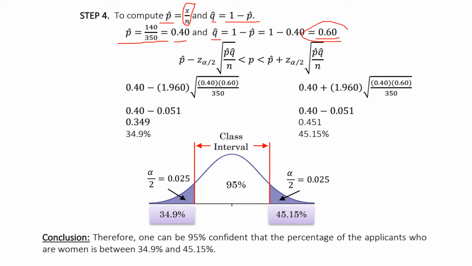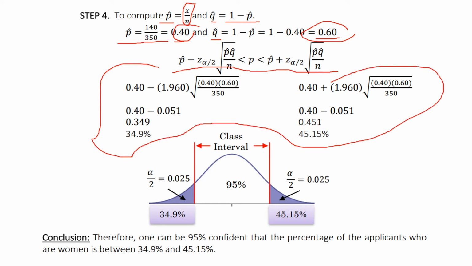So we substitute this q hat and your p hat in the given lower and upper limit, dealing with your population proportion in this given formula. So we simply substitute the given values for the lower and upper proportion limit.